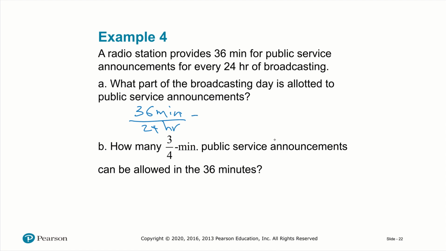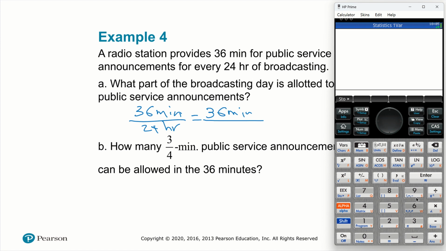So what we will do is we will go ahead and convert the 24 hours to minutes. That's easy to do because we know each hour is 60 minutes. So we'll go ahead and multiply 60 by 24. We get 1440 minutes.